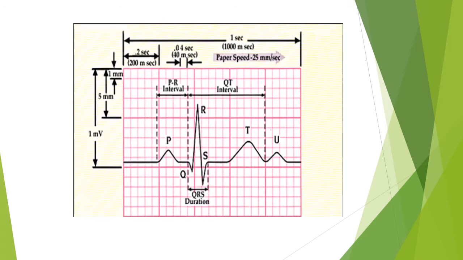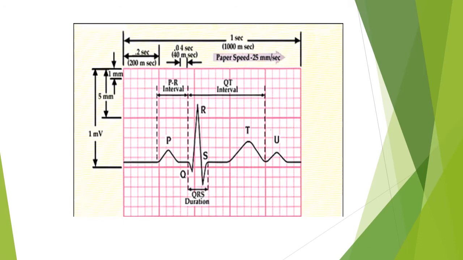Each large box is 5 millimeters in horizontal width, and that will equal 0.2 second in time, that is 200 milliseconds. But 200 milliseconds is too much time regarding intervals in the cardiac cycle.